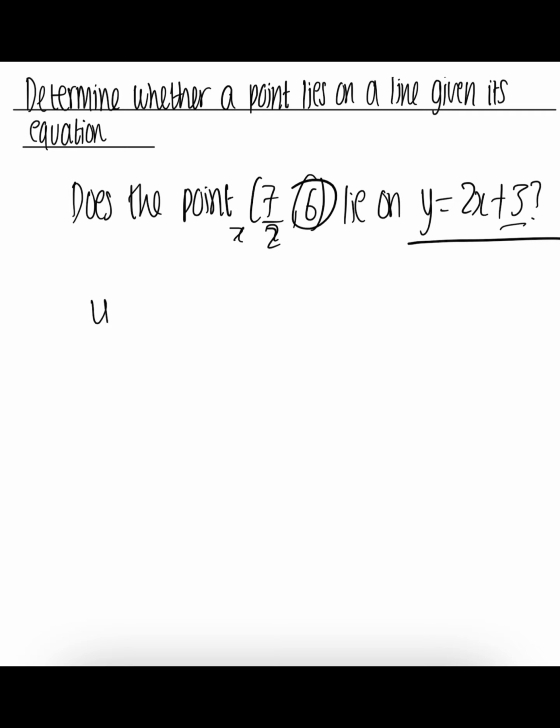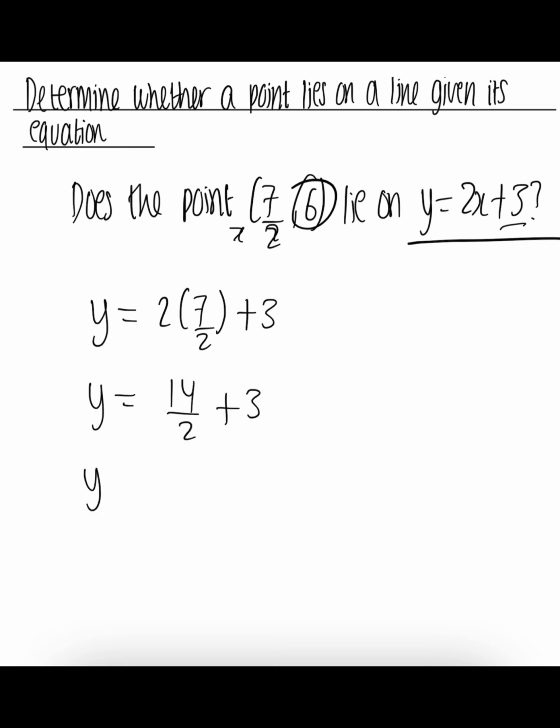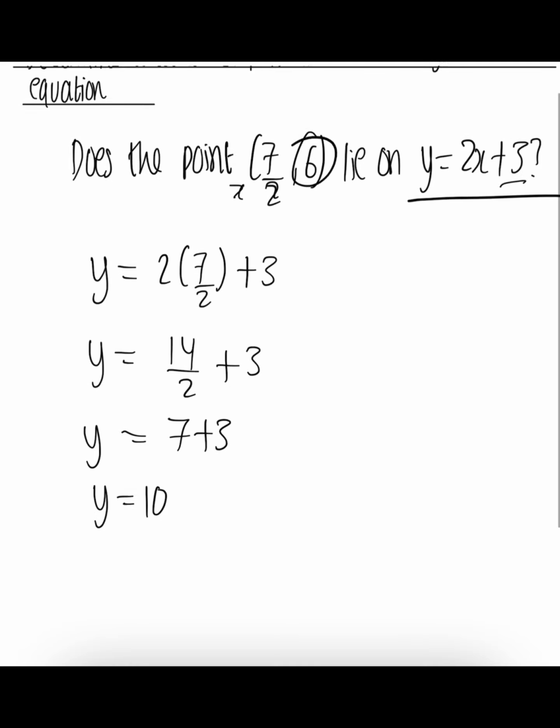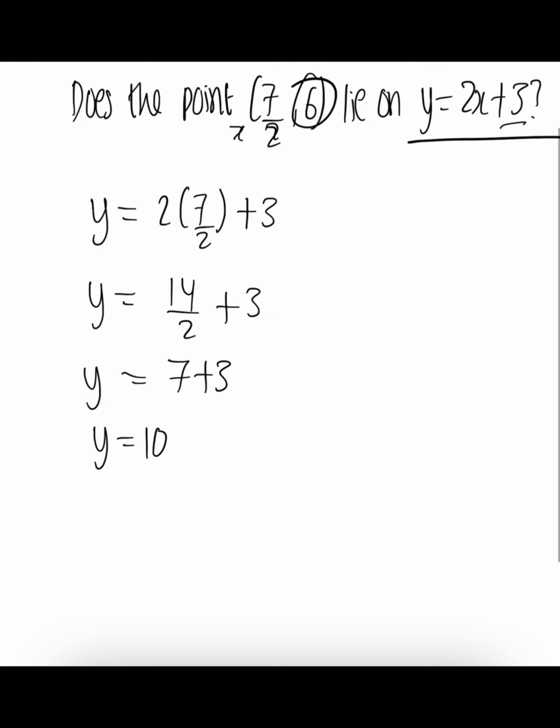So let's do this. Y equals 2 lots of 7 over 2 plus 3, and then work that out. So we have y equals 14 over 2 plus 3. 14 over 2, you should know, is just 7. Y equals 7 plus 3, y equals 10. And then what we can write here to make it look like you've actually got strong understanding is y does not equal 6.